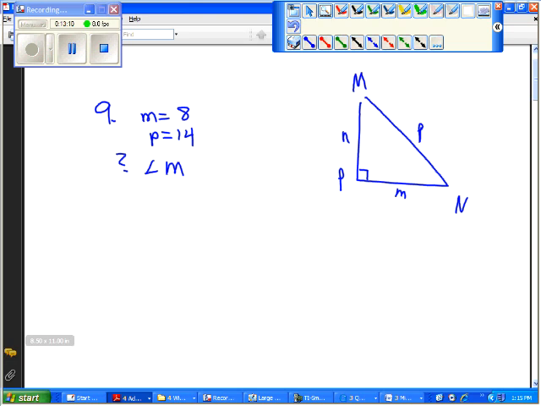Now, if I put that in the picture, I've got that little m is equal to 8 and little p is equal to 14, and I'm looking for angle M. What am I going to use to try to find angle M? Sine, cosine, or tangent, a trigonometric ratio. Remember there's 4 slots.